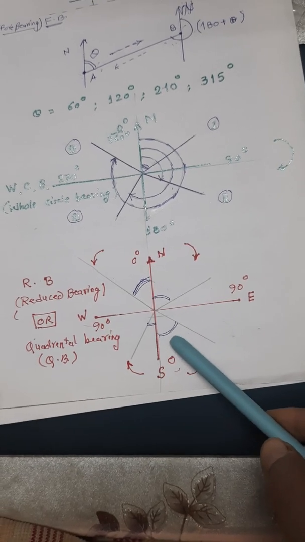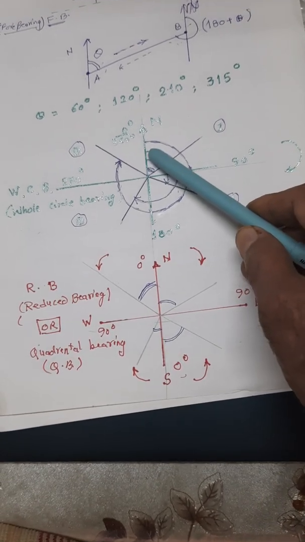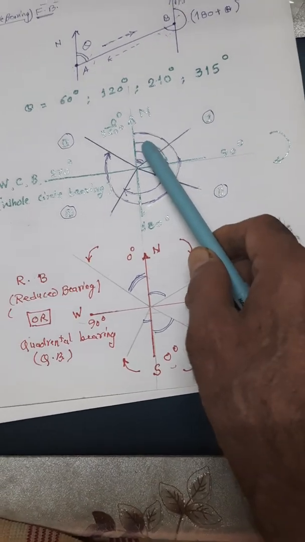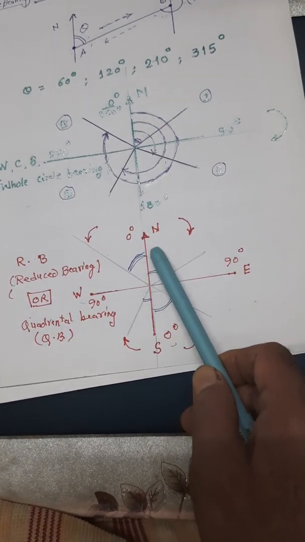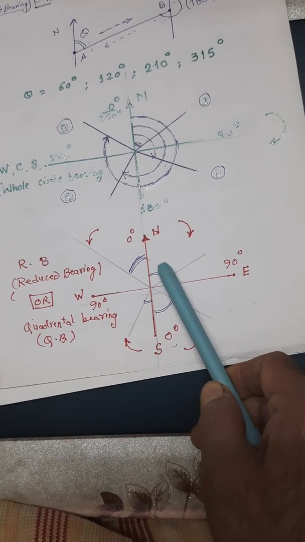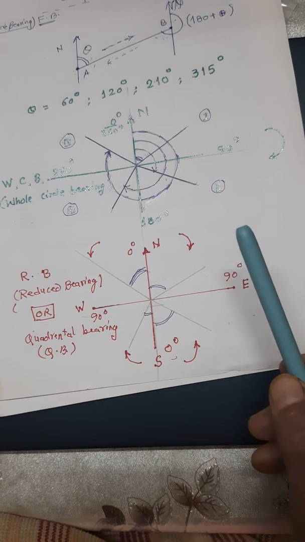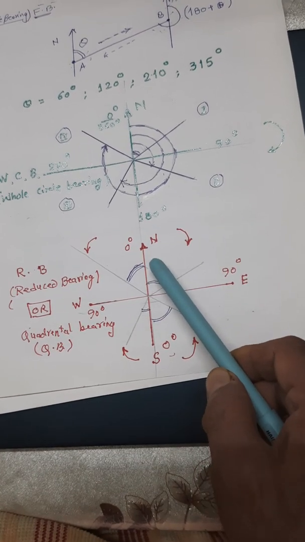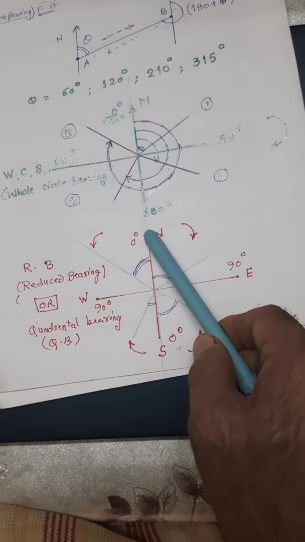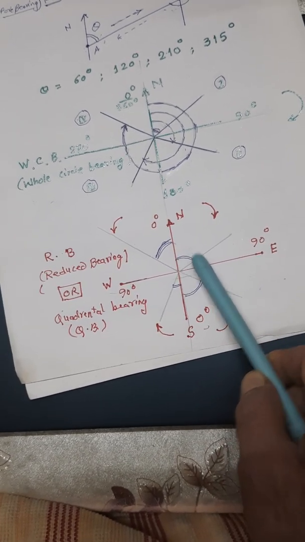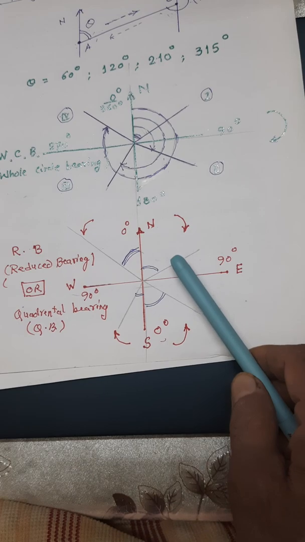If the total angle is, say, 60 degrees, first I am talking about this, we can call this N 60 degree E. Whatever the angle which has been created from the north, in the clockwise direction.